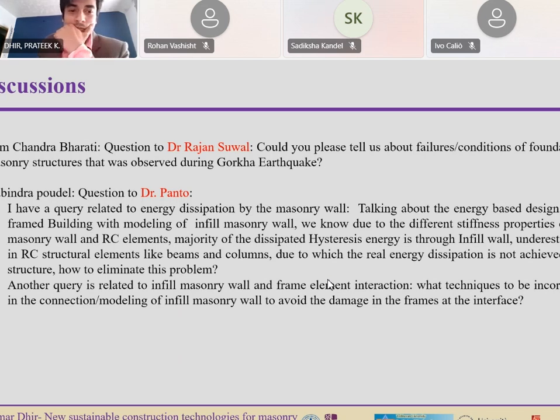If we want to simulate this aspect, of course, we need to model both parts of the structure. We need to model explicitly the reinforced concrete frame and the masonry, and most importantly, we need to model the interaction between the two parts, the two materials, which is itself non-linear.